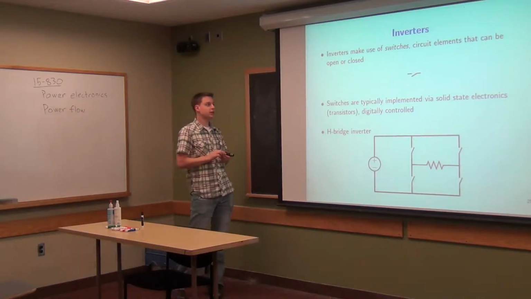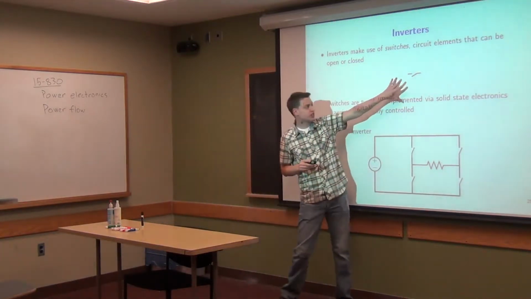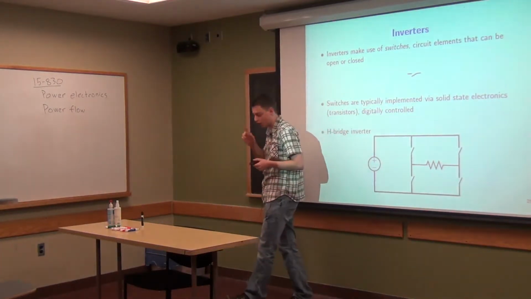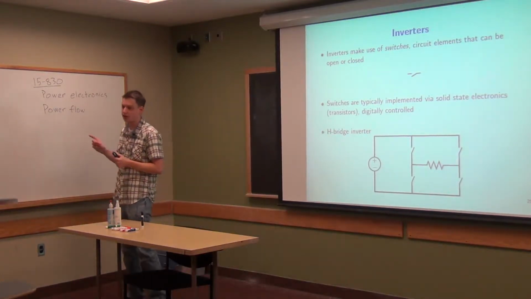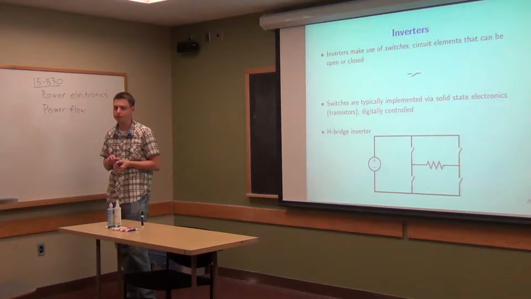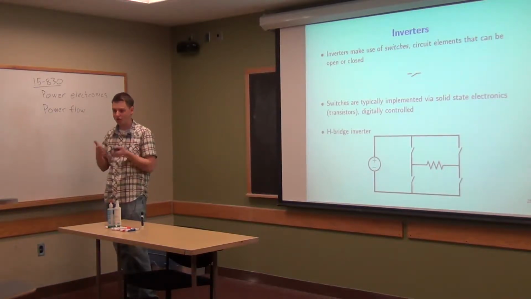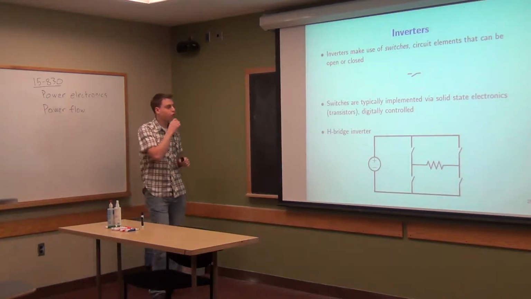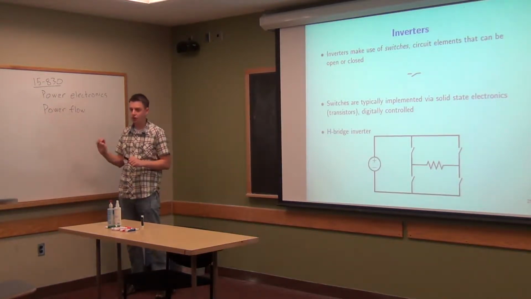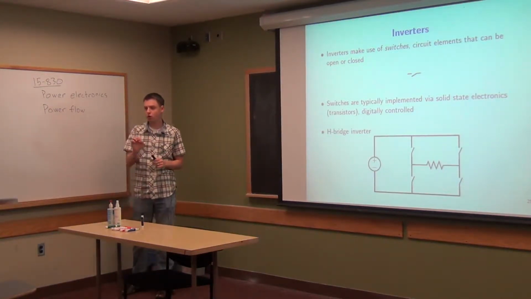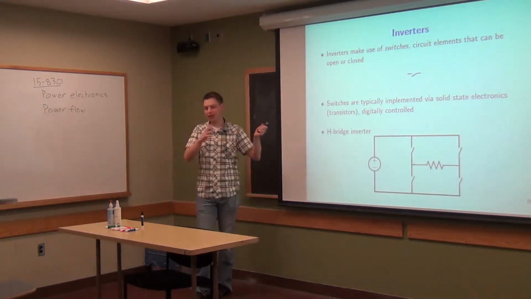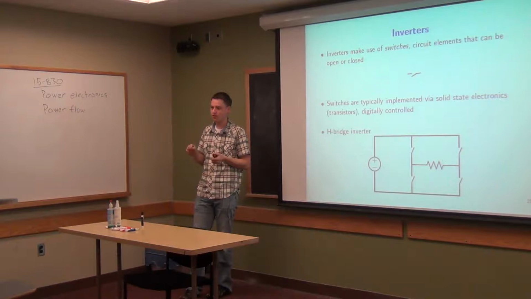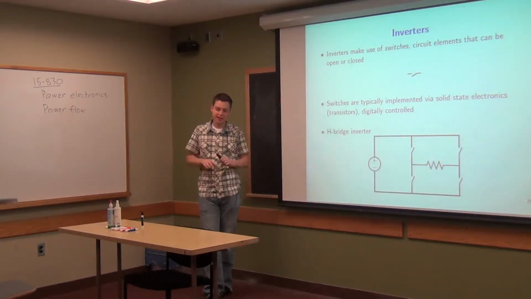And when you start switching at high frequencies, where you're toggling a switch 10,000 times a second, or even 30,000 times a second, this introduces a lot of noise on the electrical line. There's been some really cool work about looking at that noise to figure out what kind of devices are on, by looking at the noise they inject into the voltage signal from these switches. That's an aside.